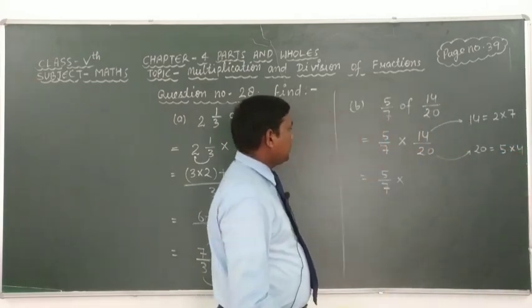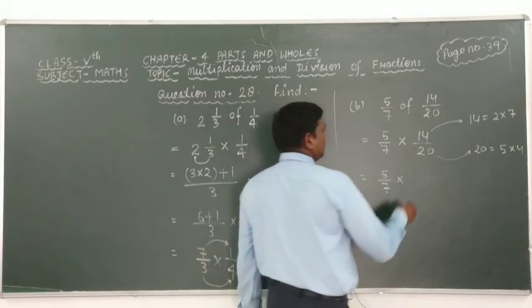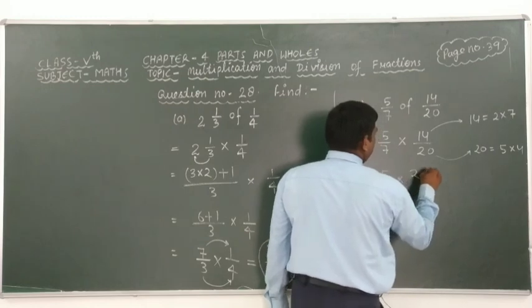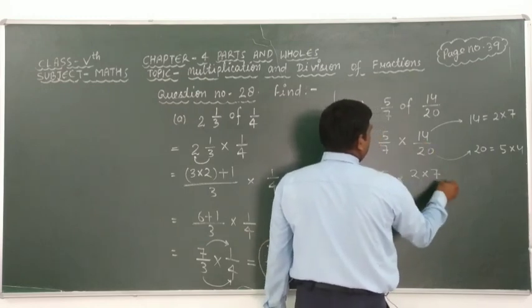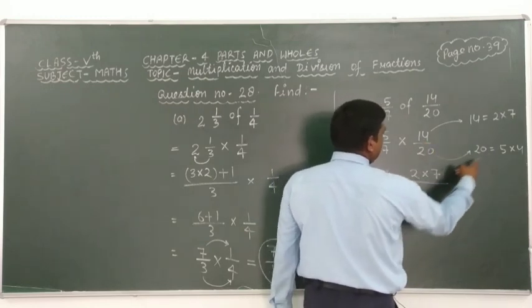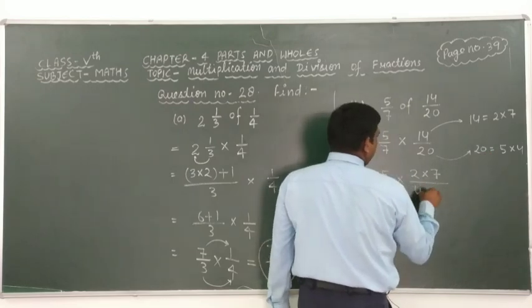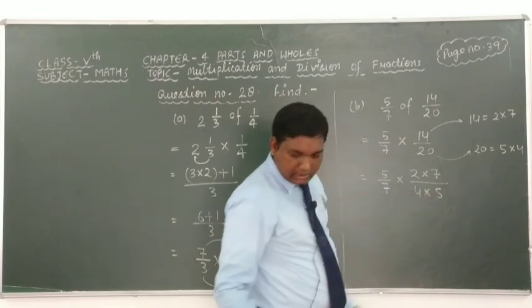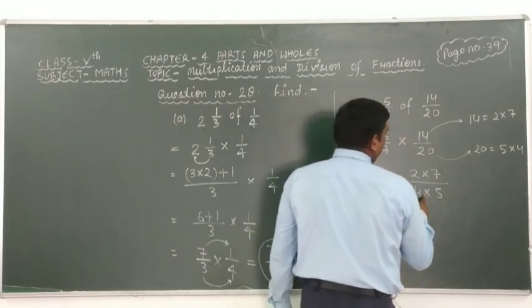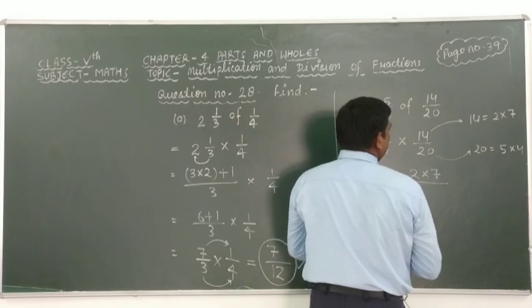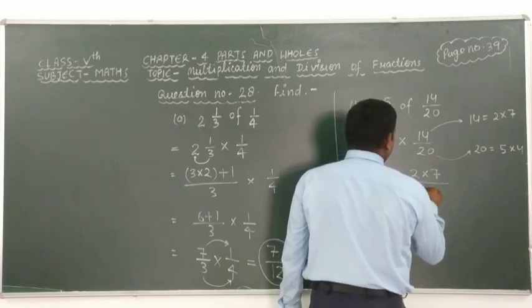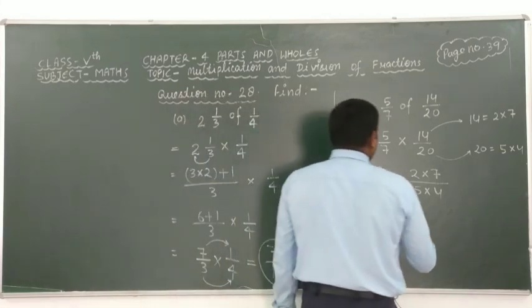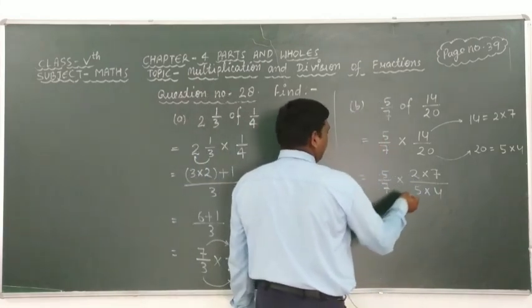Here we can write 2 multiplied by 7 in place of 14, and 4 multiplied by 5 in place of 20. Here we can write 4 multiplied by 5 or 5 multiplied by 4. Look here carefully.